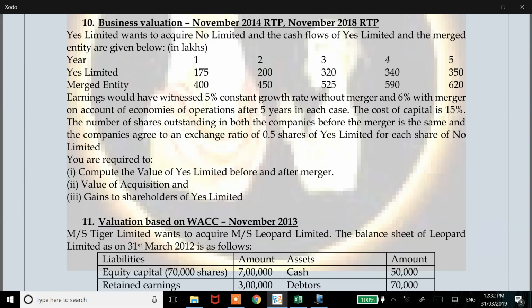Now, reading the question, can you tell me what will be the percentage holding of S Limited shareholders in the merged entity? Today I am owning, let's assume both the companies have only one share. So I am owning 100% of one share.